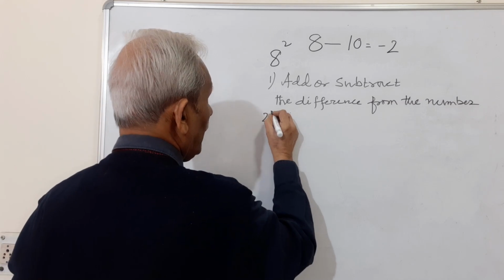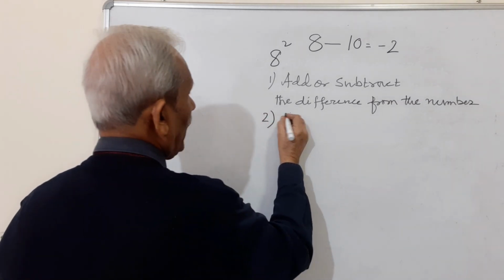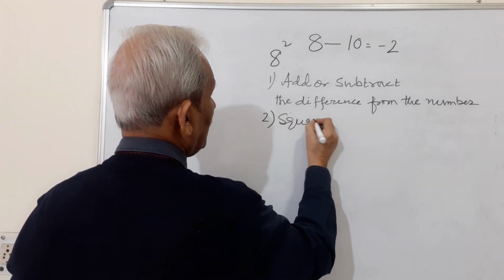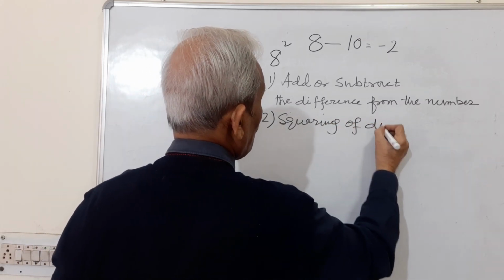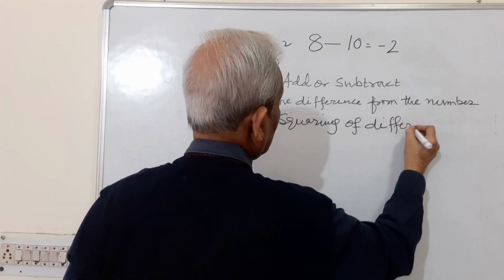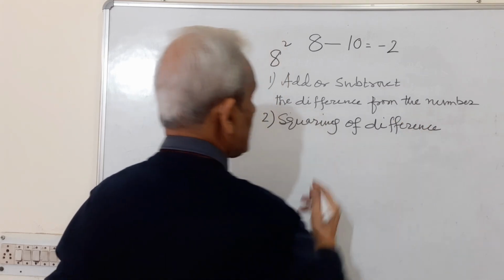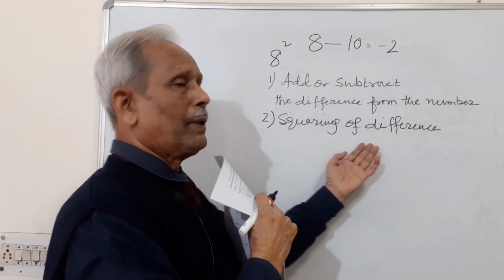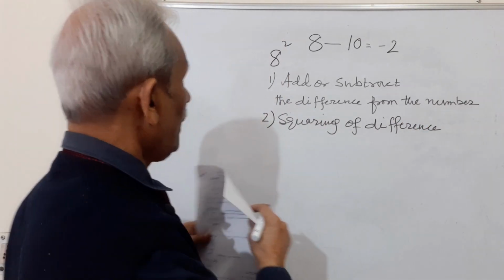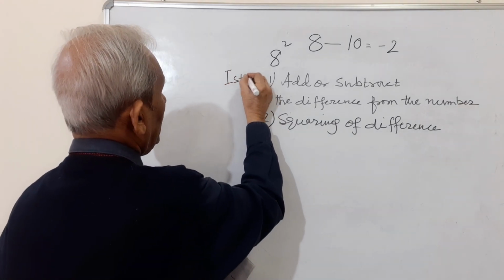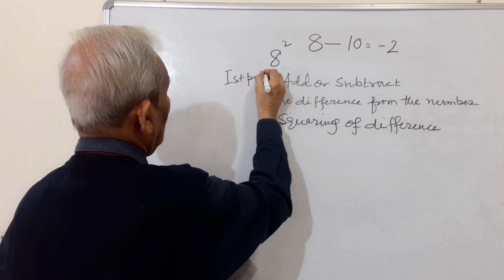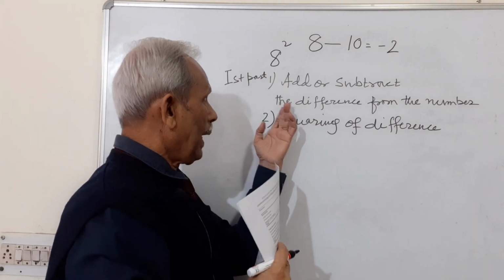The second step is squaring of the difference. So the second step is to square the difference. The first part of the answer will be by adding or subtracting.